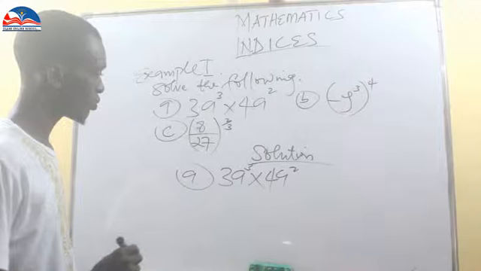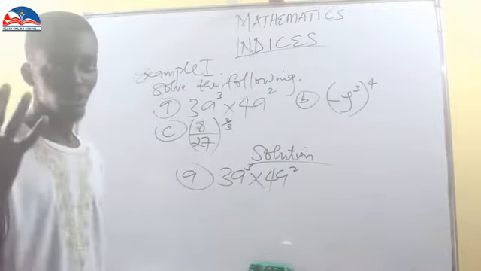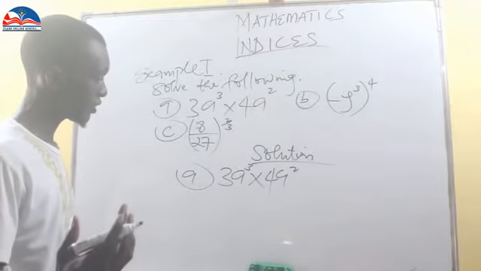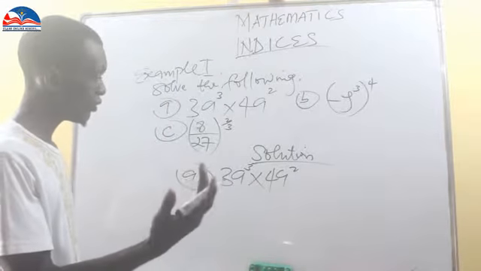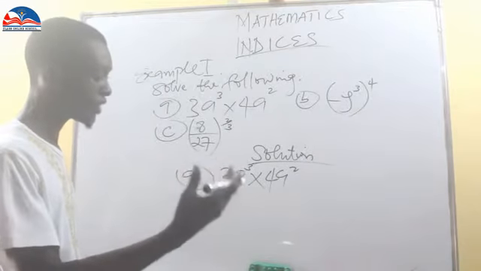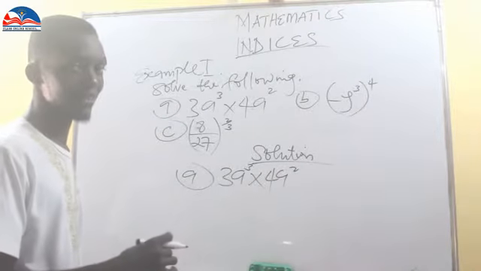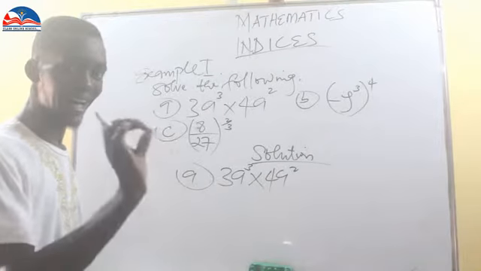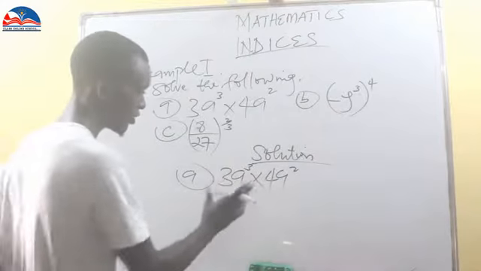So this is simply the first law of indices, the multiplication law, that states that if two bases are equal, you take one of the bases and add the indices.